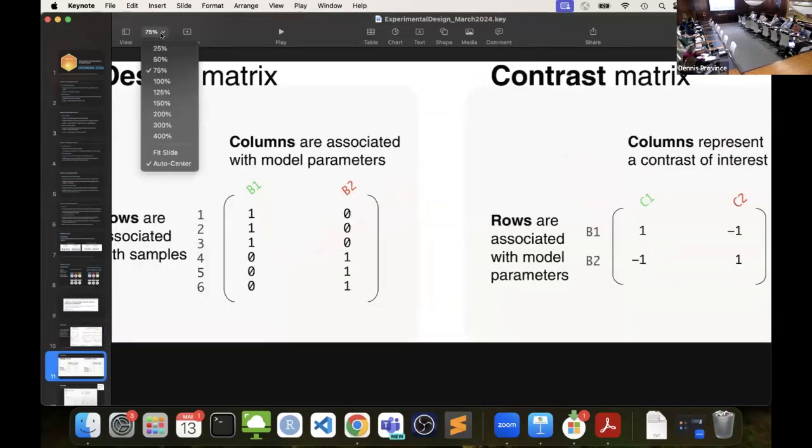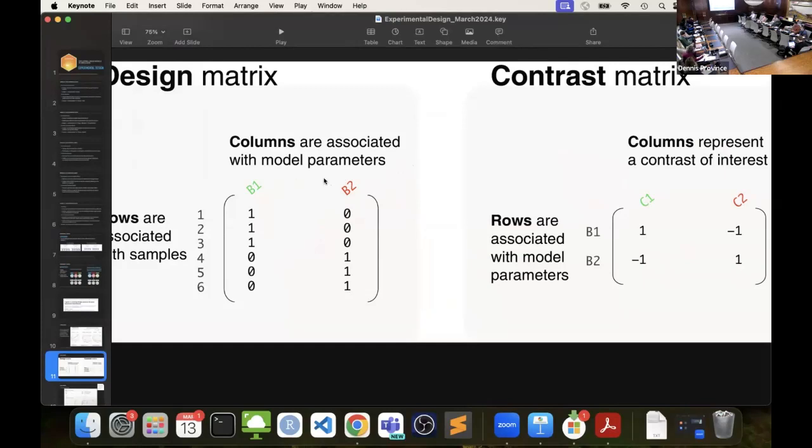One of the really important things is the design matrix and contrast matrix. When I'm talking about factors that we add into our experiment, this is where it comes into play on the statistical side. Each column is a group. So control, treated: you have two groups in this one.